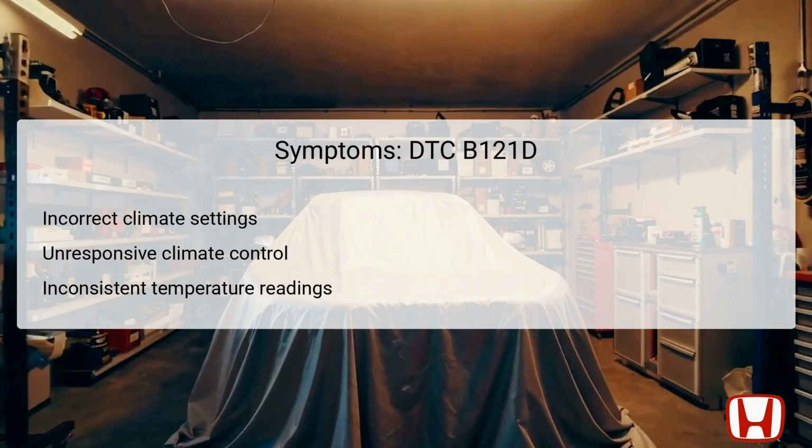This can lead to either an excessively hot or cold cabin, which does not align with the desired comfort level. Additionally, the climate control may become unresponsive, failing to react to user inputs. Inconsistent temperature readings may also be observed, creating confusion and dissatisfaction among passengers. Recognizing these symptoms is crucial for narrowing down potential issues.